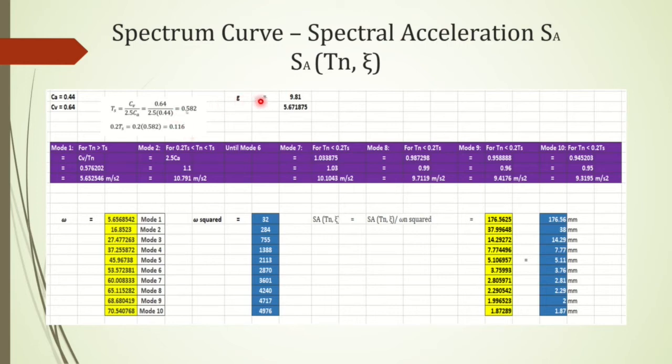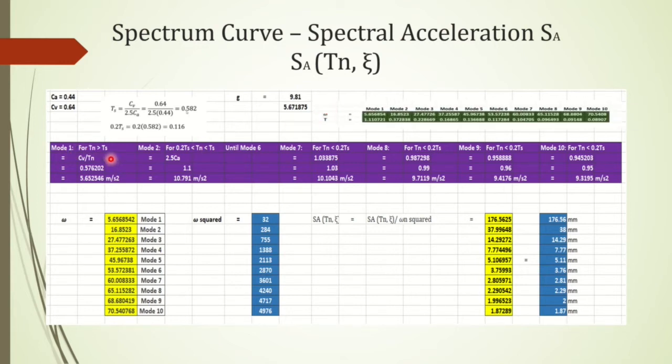Ang G natin is 9.81. Ngayon, for mode 1, ang TN natin is 1.11. So, since ang 1.11 is greater than the TS, which is 0.582, we'll be using this formula, CV over TN. Plugging all the values, ito yung makukuha niya, and multiplying it by 9.81 is equal to 5.65 meter per second squared.